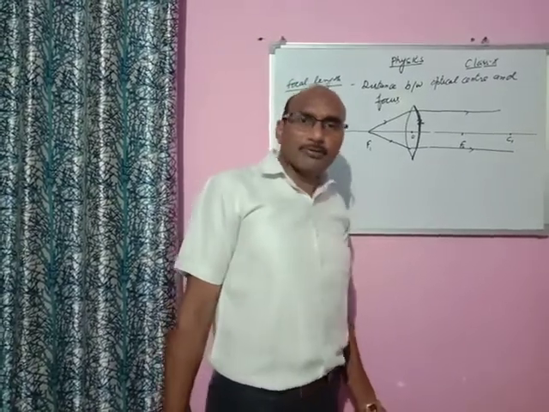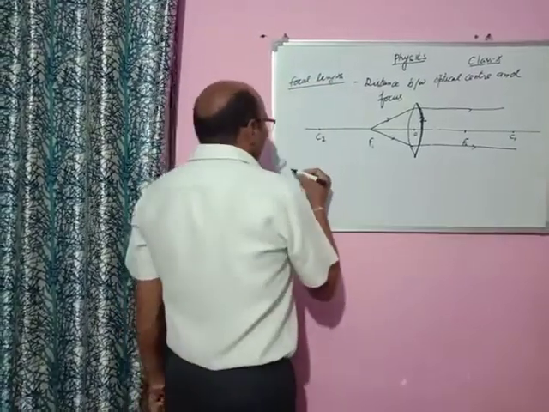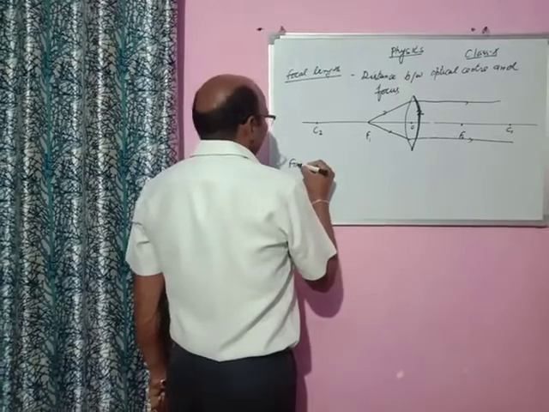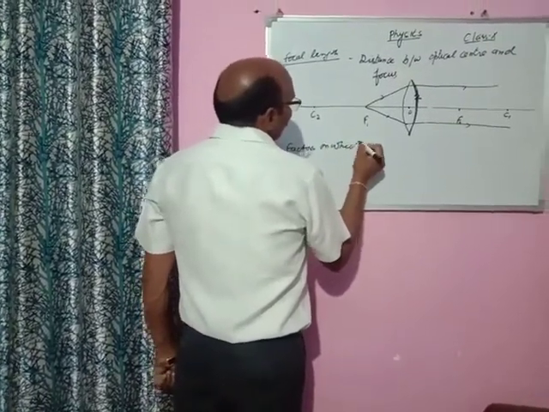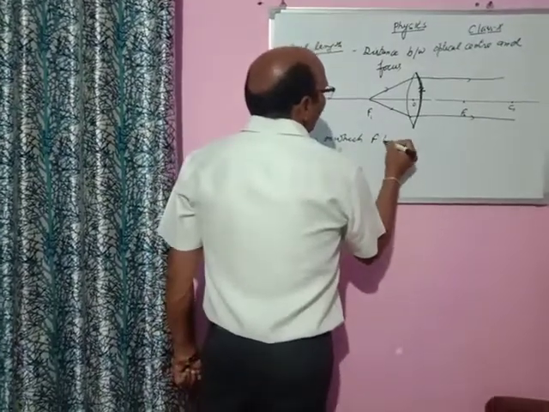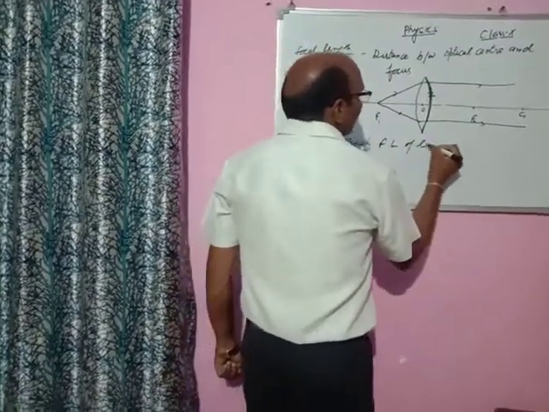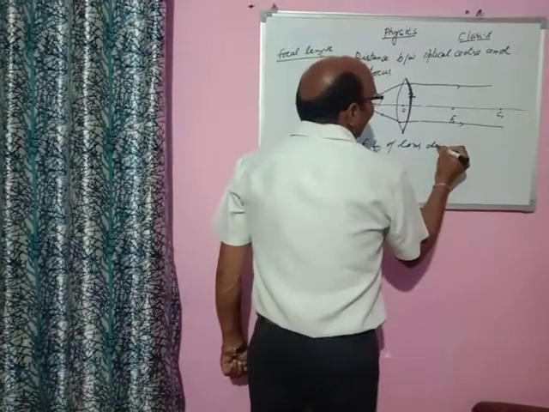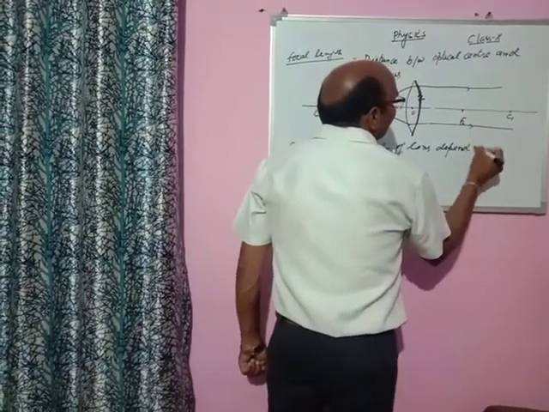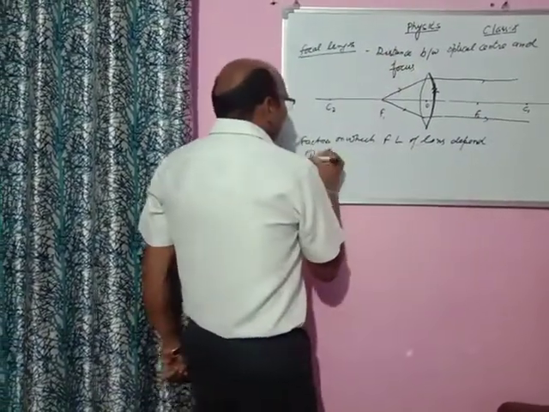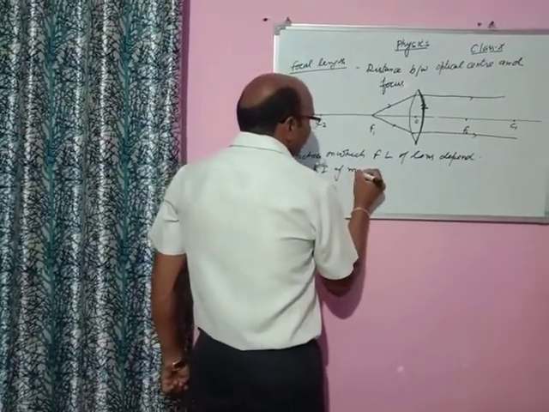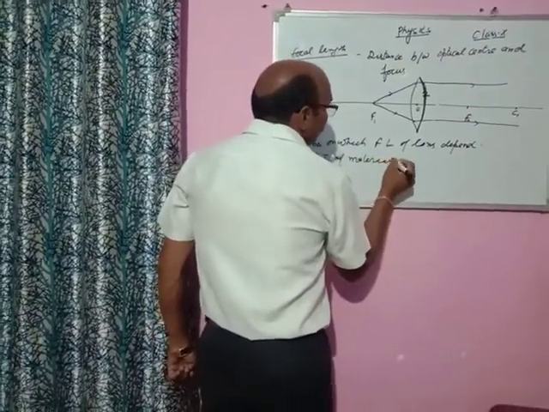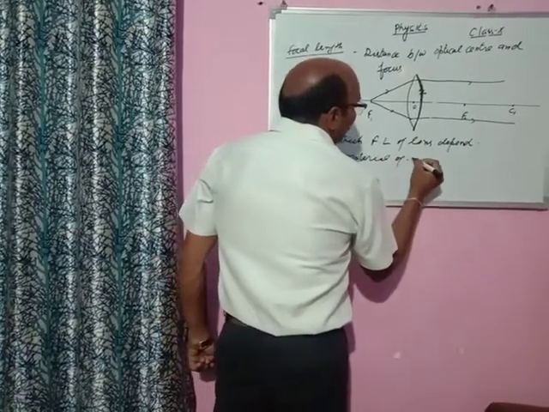So the factors on which the focal length of a lens depends: number one, refractive index of the material of the lens.